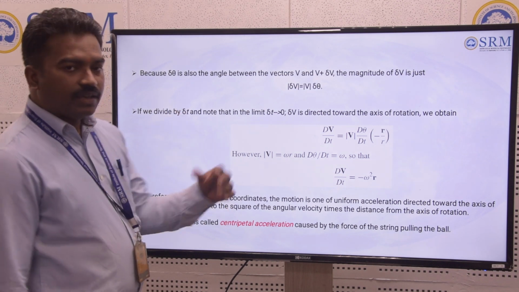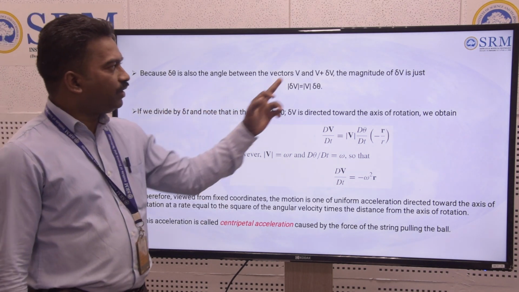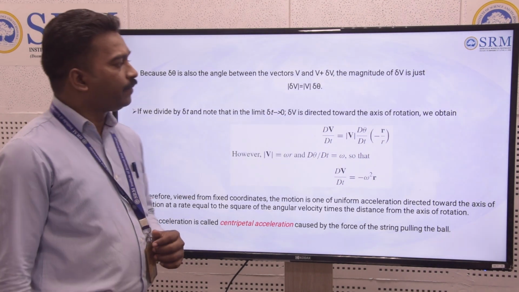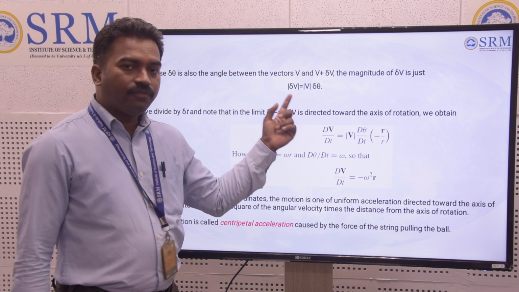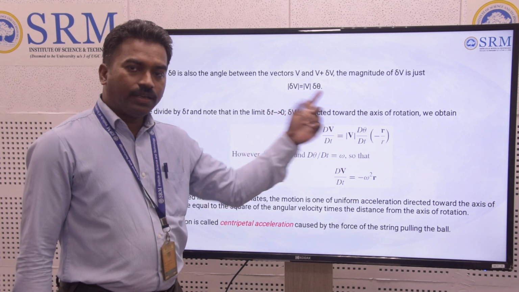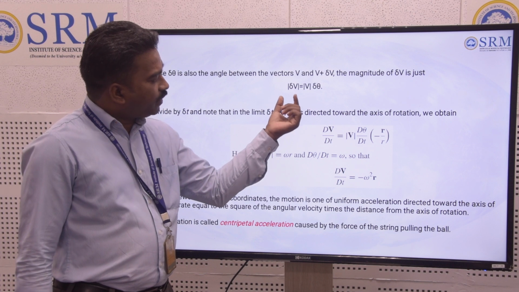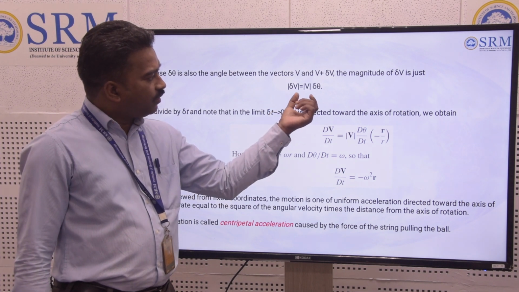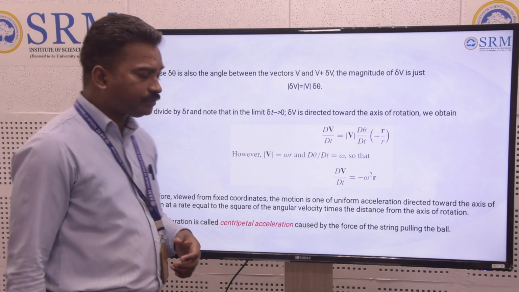From the diagram, because delta theta is also the angle between v and v plus delta v, we can write the magnitude of delta v as delta v is equal to mod v times delta theta. That is how we obtain the magnitude delta v with respect to the magnitude of v and delta theta.